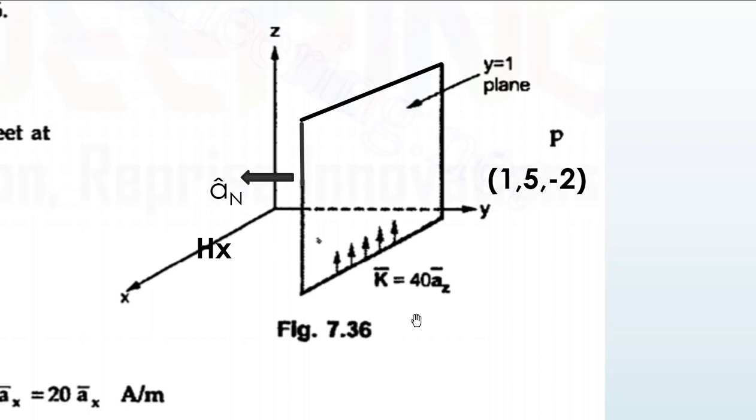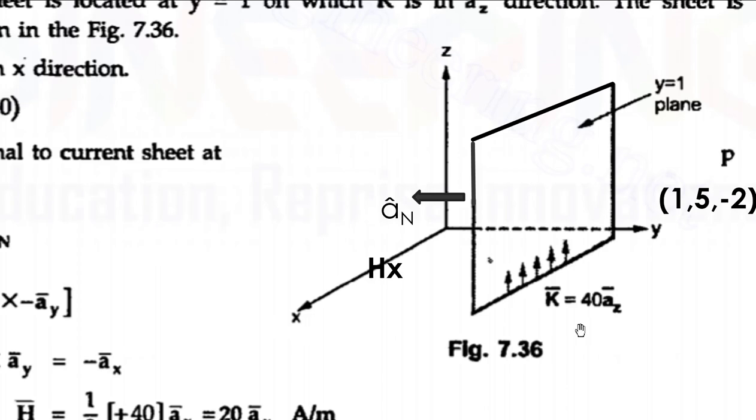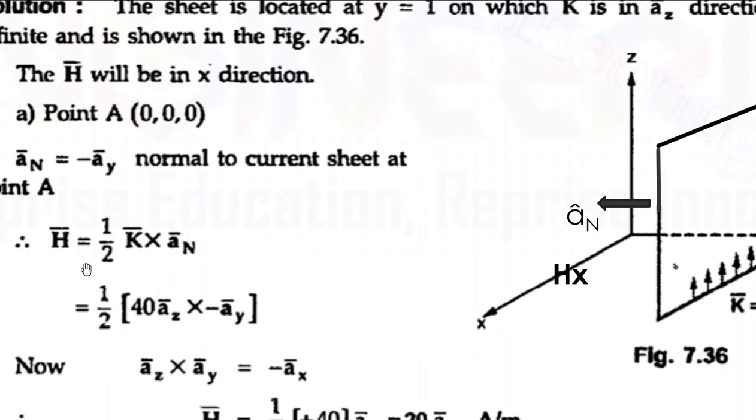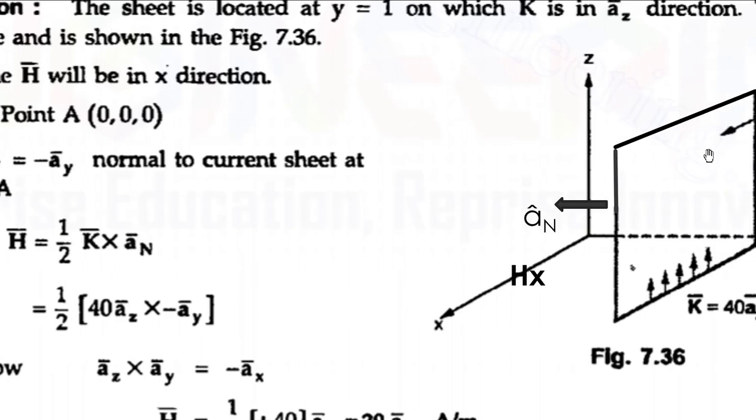According to the expression we have derived for H due to an infinite current sheet, H is equal to 1/2 K bar cross a_n cap, where a_n cap is a unit vector normal to the current sheet, and it must be directed towards the point where you want to find H bar.